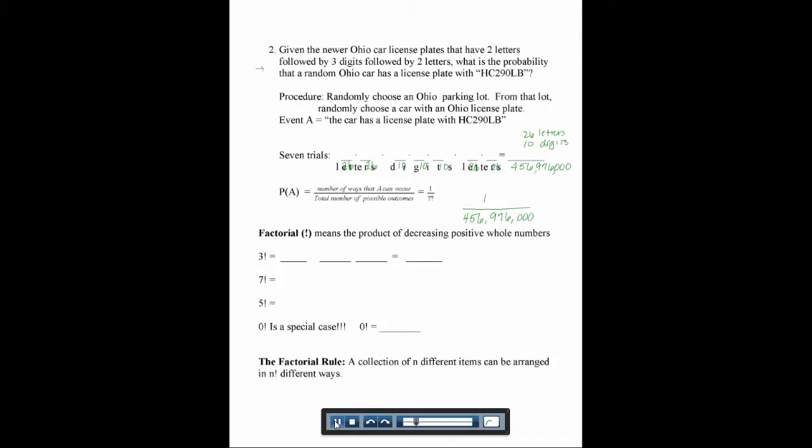Now another thing we're going to see is the special notation, an exclamation point. It looks like the numbers are excited, but it's just a new thing called a factorial. It means we take the number and multiply going down.